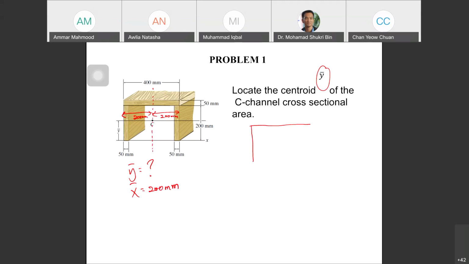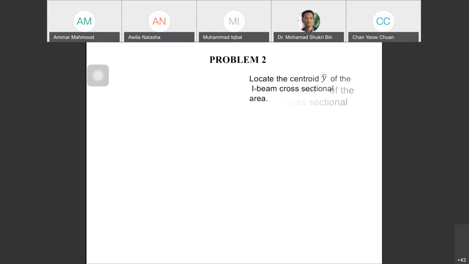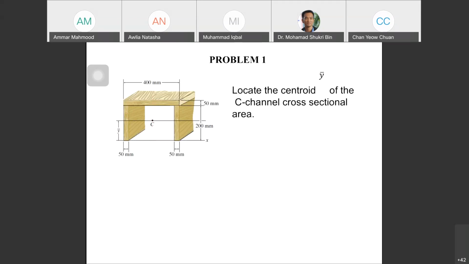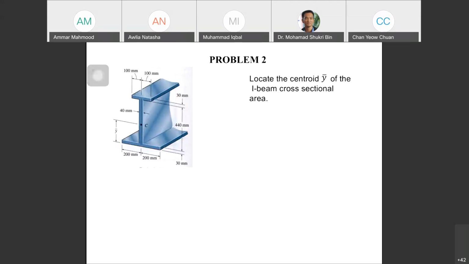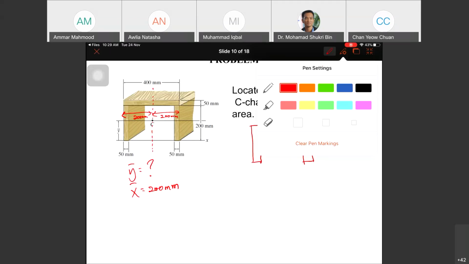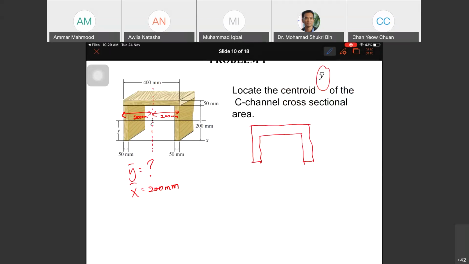If we draw in two-dimensional, if you draw like this, the location of X is at the center.